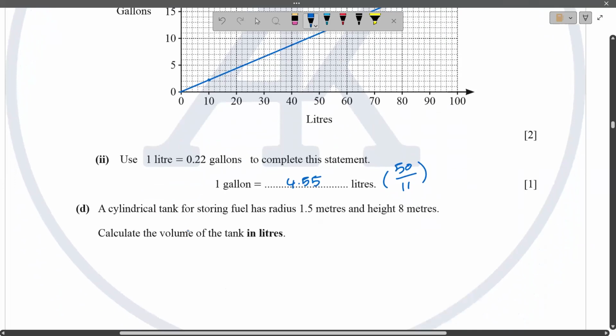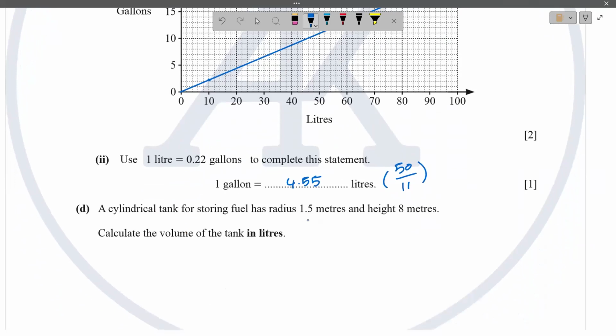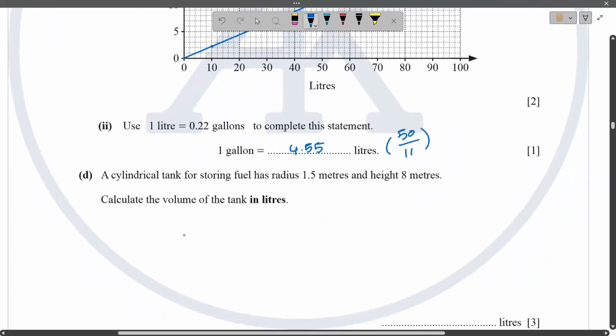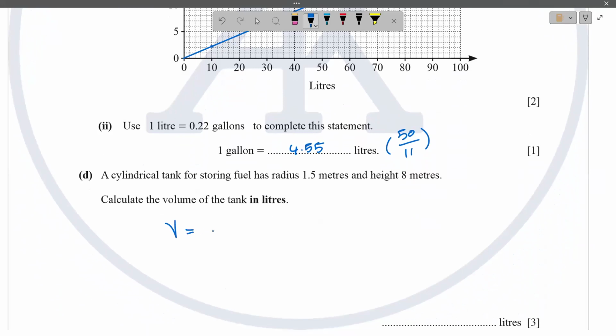A cylindrical tank for storing fuel has radius 1.5 meters and height 8. Calculate the volume in liters. So volume is equal to pi r squared h. So it's pi multiplied by 1.5 squared multiplied by 8.